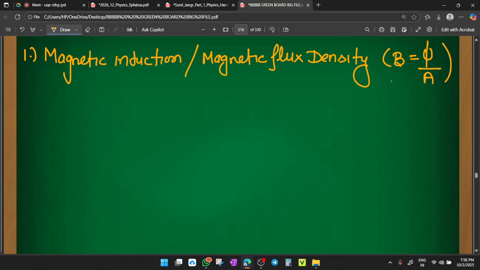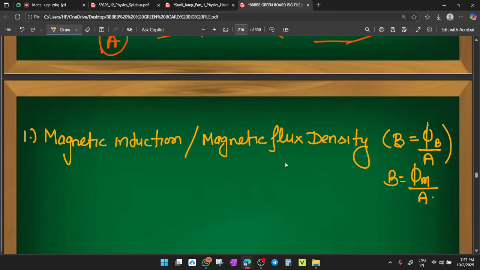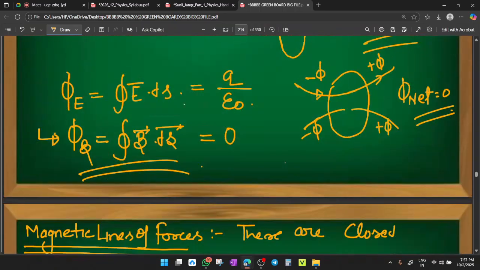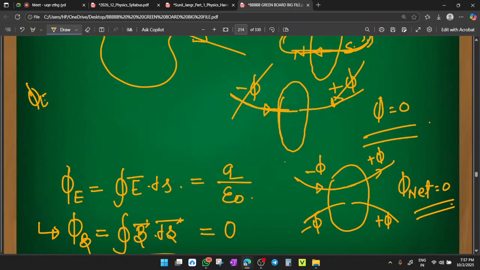If you're getting confused with the flux, you can also write phi B or phi magnetic, because two types of flux are there. One is electric flux, so I use the notation E for electric flux and B for magnetic flux.